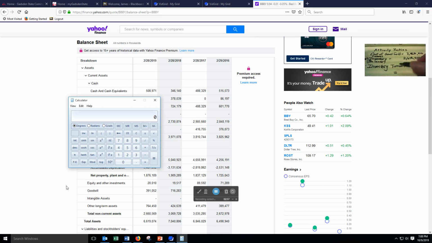So the inventory turnover for this firm is $7,867,810,000 divided by $2,618,922. That's cost of goods sold over the inventory.